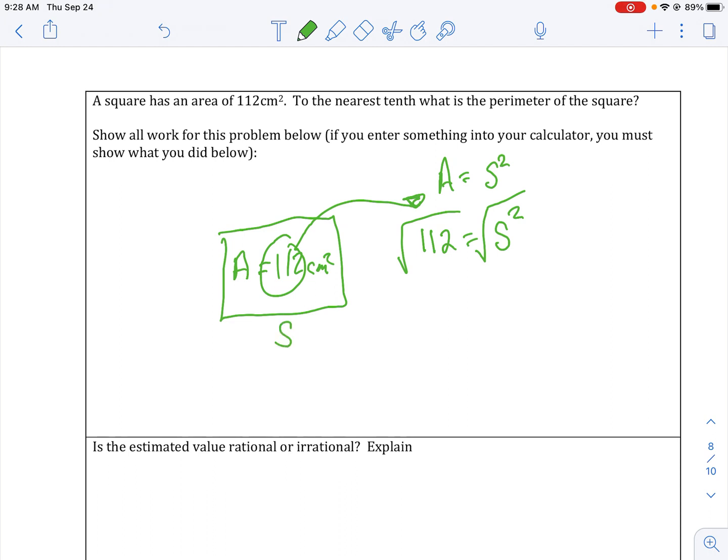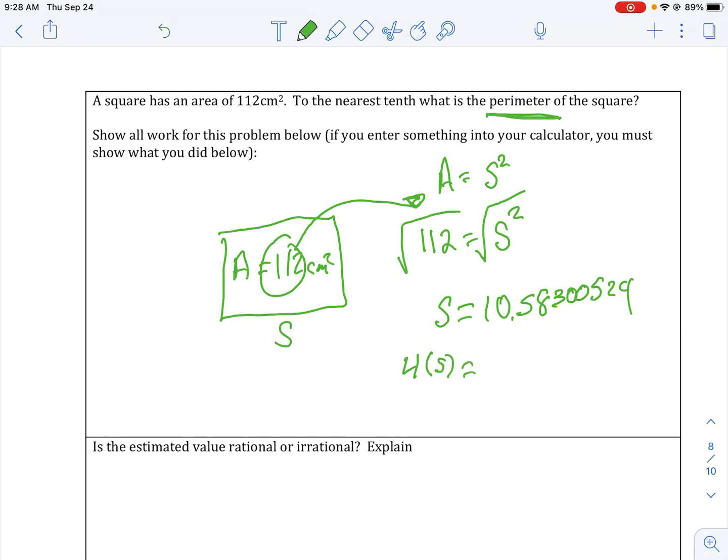So again, with our calculator, second, x squared, type in the number 112. You get 10.583000524 in your calculator. It keeps going, but that's all your calculator can possibly show you. And so this is the length of one side. And again, all 4 sides are the exact same. So to find the perimeter, we can do 4 times the side length.